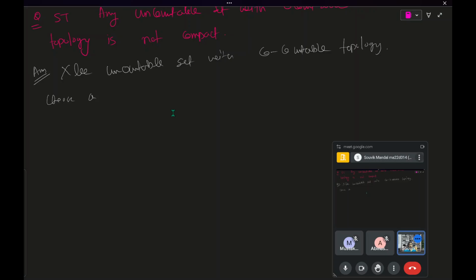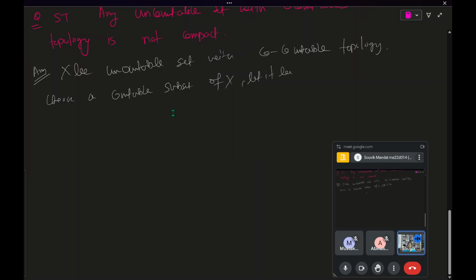We need to show that any uncountable set with co-countable topology is not compact. So here we are choosing an uncountable set, and now we choose a countable subset of X, let it be x1, x2, and so on.